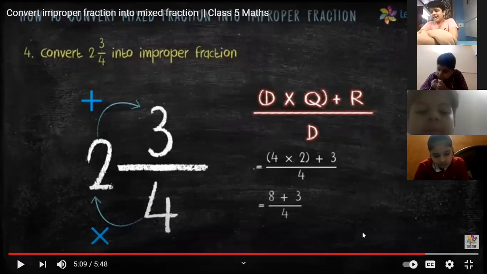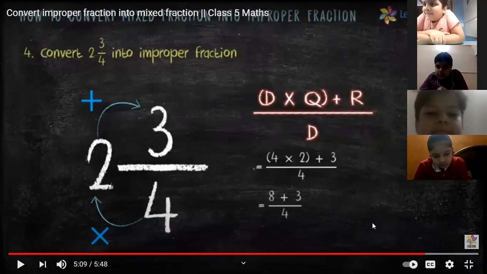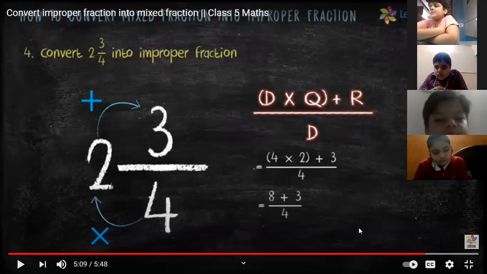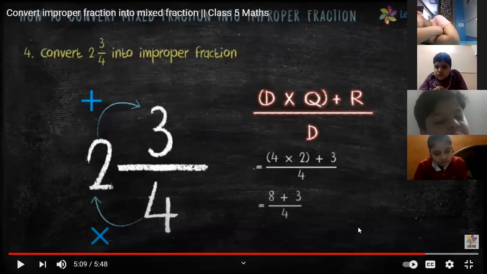Ma'am, the final is 11. 8 plus 3 is 11. And what will be the improper fraction?